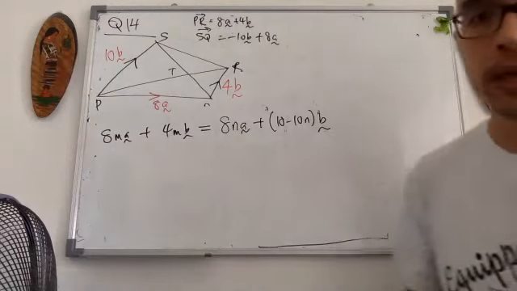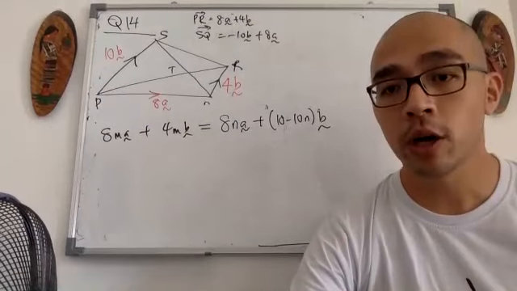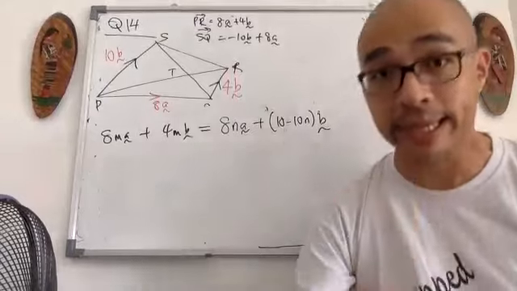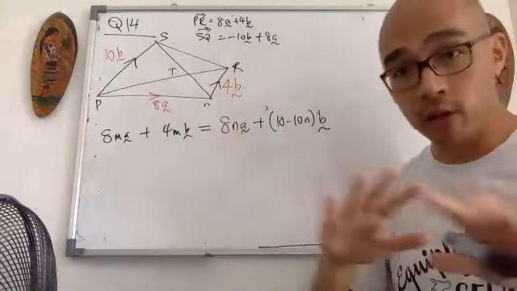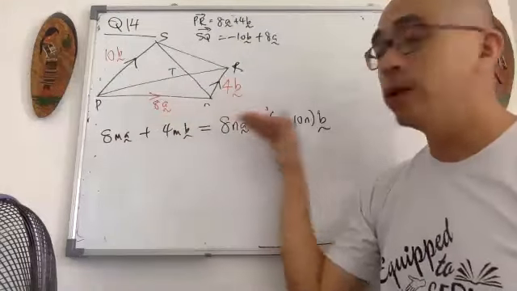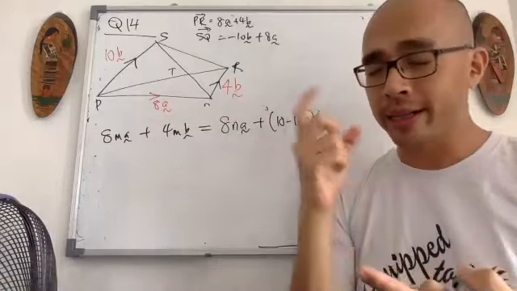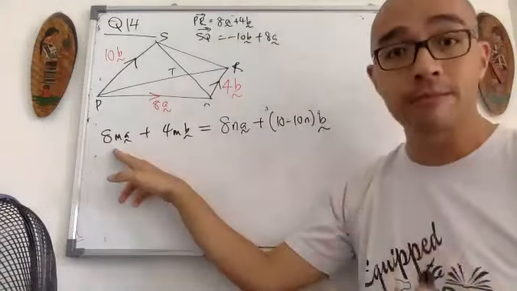So when we do this, the most common mistake that everybody makes is to move everything to the left or to move everything to the right. No, guys, these are 2 equal vectors. If they are equal vectors, therefore the magnitude or the number in front must be the same.